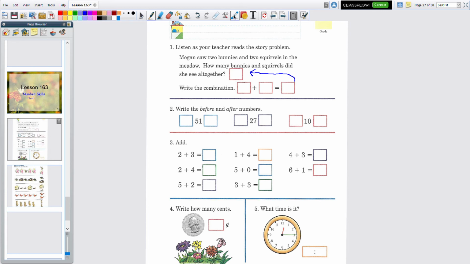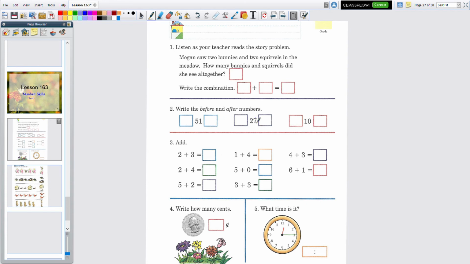I'm going to go ahead and clear that. There's my clearing thing. So we have a 51. Now be careful with this because the 5 is first because we always read from this way to that way. So the 5 is first. 51. You need to do the before number and the after number.